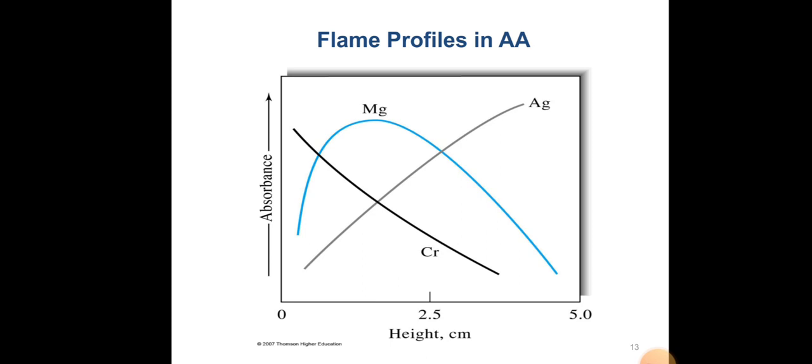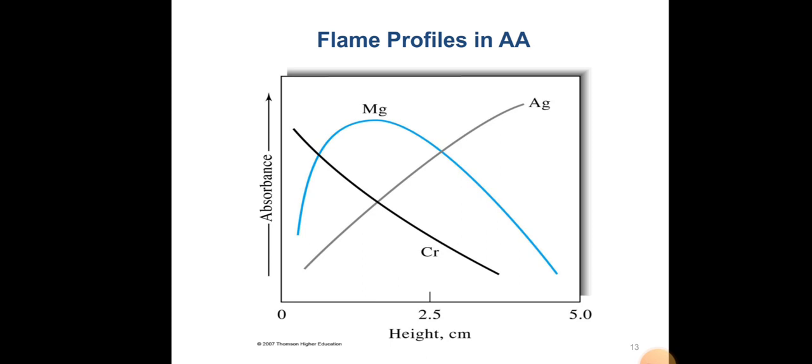For some elements like chromium, using more height is not appropriate. So it's better to use lower parts of the flame to measure the absorbance. If you increase the height of the flame, the sensitivity or the absorbance of chromium will decrease.